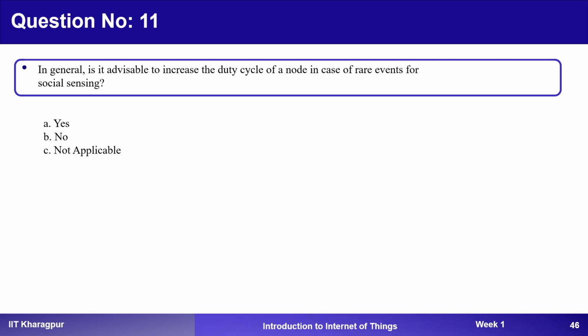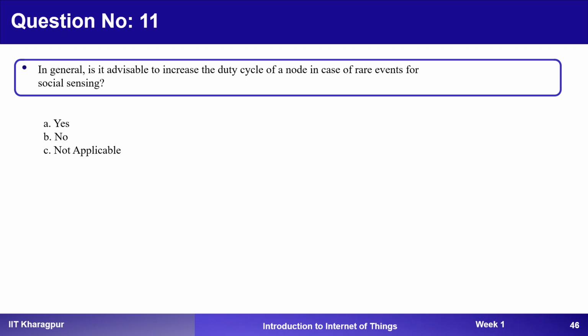The next question is: in journal, is it advisable to increase the duty cycle of a node in case of rare events for social sensing? Options are yes, no, not applicable. First of all, tell me what is duty cycle.